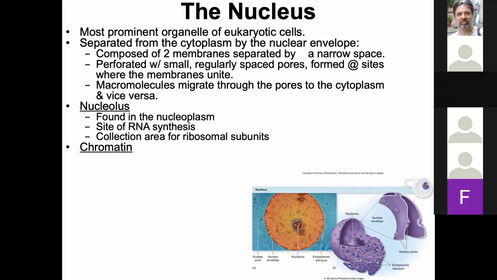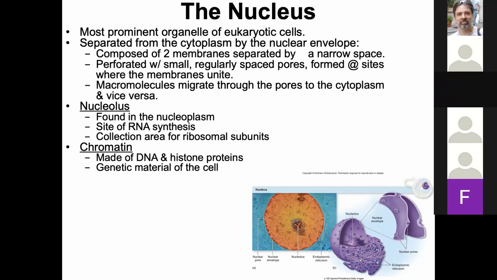The nucleolus is the site of ribosome assembly, and it's also the location of what are called the nucleolar organizing regions, which are the genes that code for the ribosomal RNA. Okay, so the ribosomal RNA gets made there, and then it gets attached to the ribosomal proteins, and then the assembled ribosome leaves the nuclear region through a nuclear pore, and it starts doing its work either on the rough endoplasmic reticulum or in the cytoplasm.